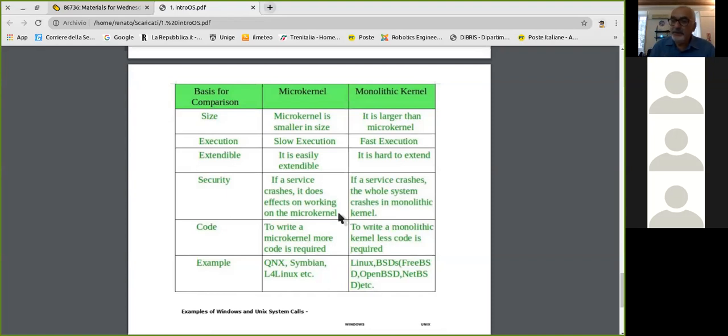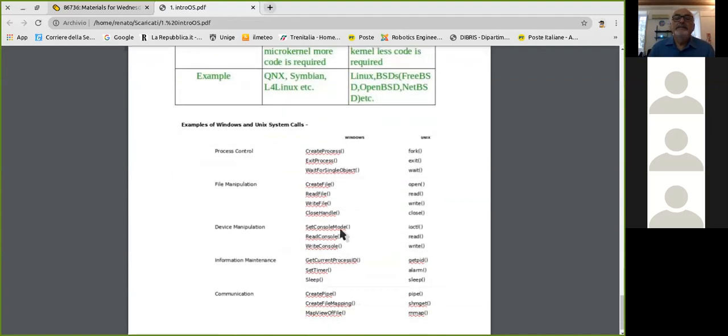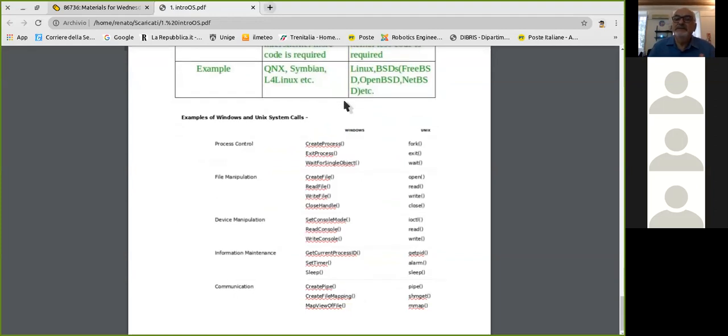OS X, for example, is a hybrid kernel with more issues similar to a microkernel, and very often reloads the whole kernel. And so this is the terminology, just to know. Nothing practical in this, but you have to know this distinction.